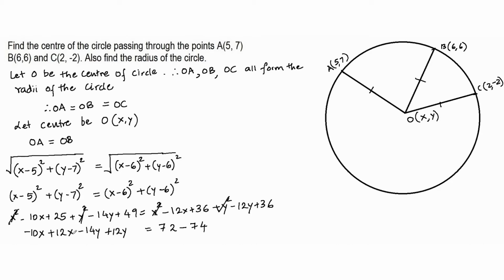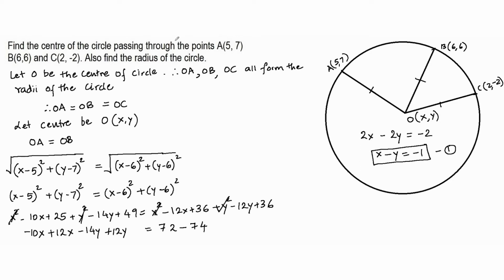And negative 12x positive 12y is 2x minus 2y is equal to negative 2, which means x minus y is equal to minus 1. This is the first equation that I have built in terms of x and y.